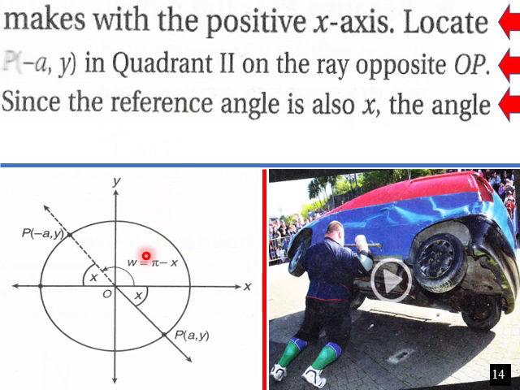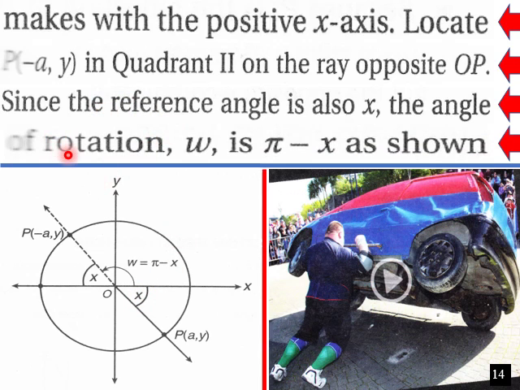Since the reference angle is also x, this is the x here, over here, and then this is the reference x over here as well. The angle of rotation W is pi minus x as shown. So here's our reference angle here, pi minus x in this case.